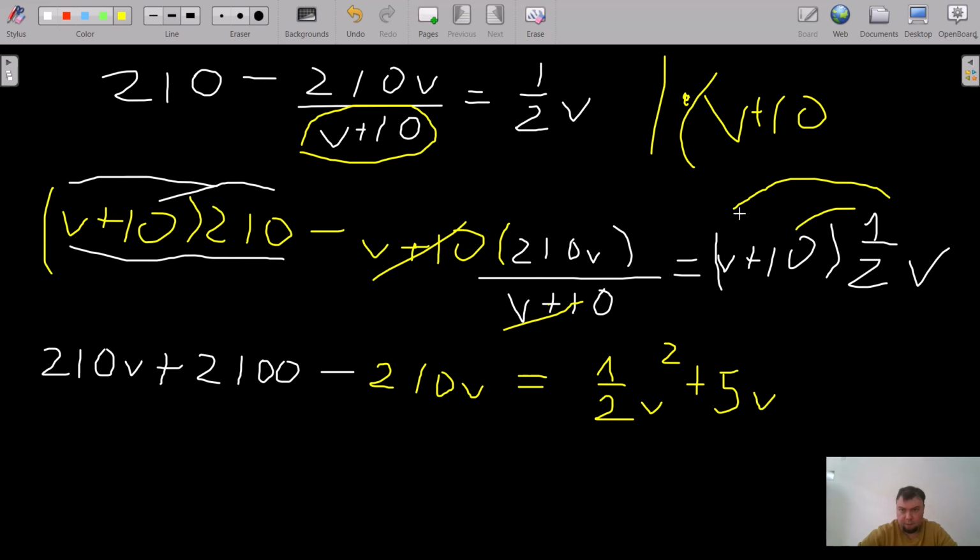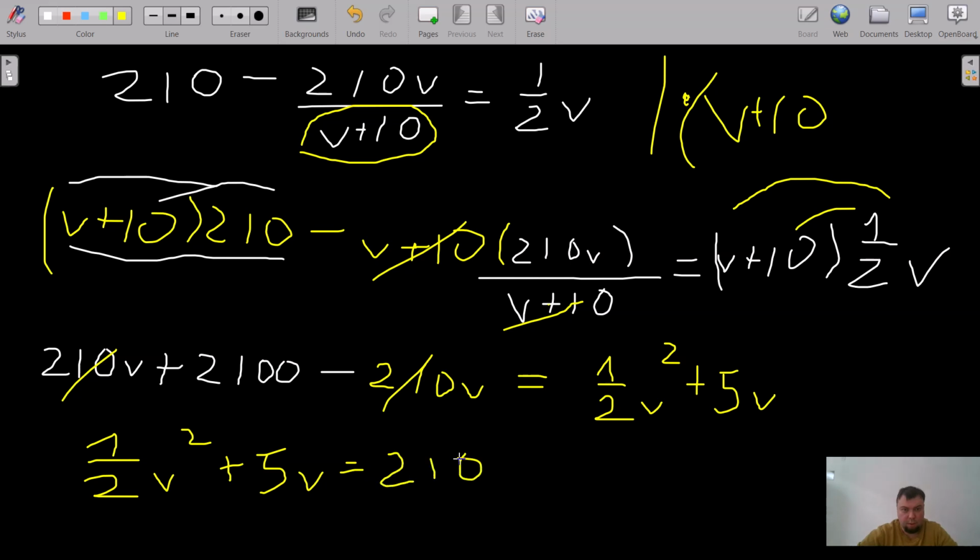That's from multiplication of these parts. Then you see we can eliminate, because we have 210V minus 210V, so we only get expressions such as a half V squared plus 5V equals to 2100.